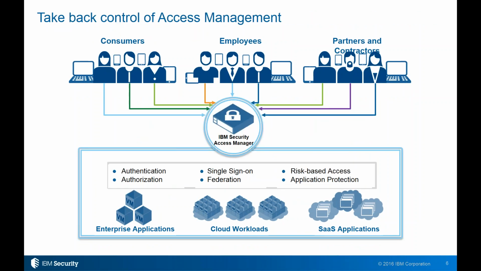When you put an access management solution in place, you can protect those workloads, those applications, those native mobile apps with a central control point, providing all your authentication services, all your authorization services, and maybe risk-based access controls, meaning time-of-day considerations or policies.